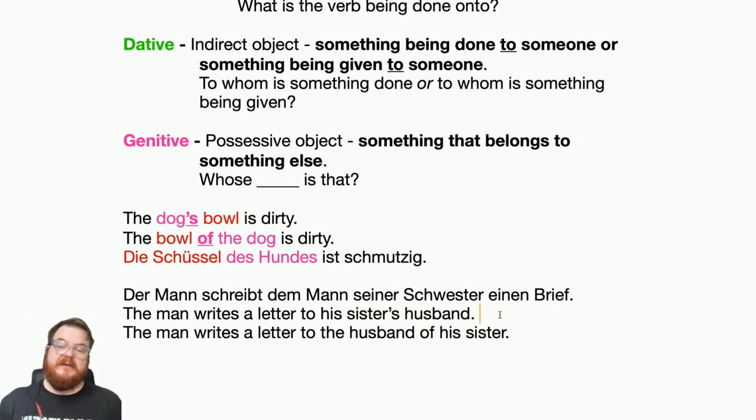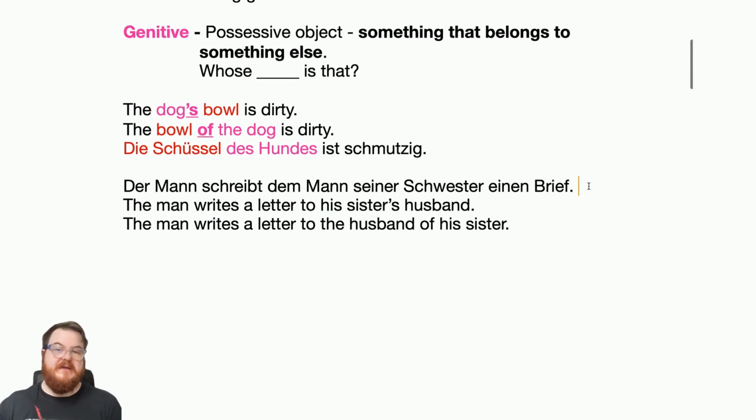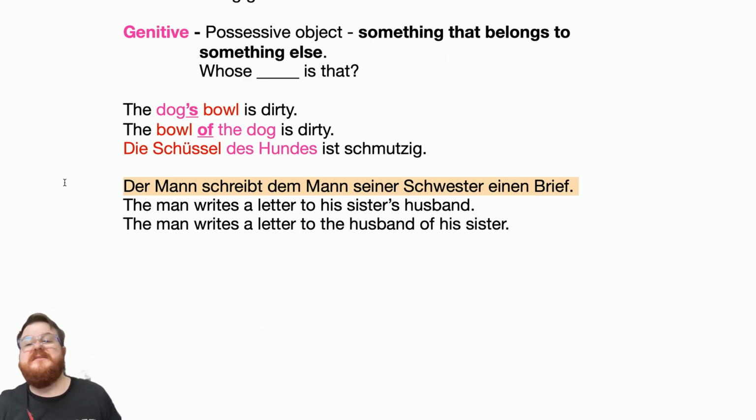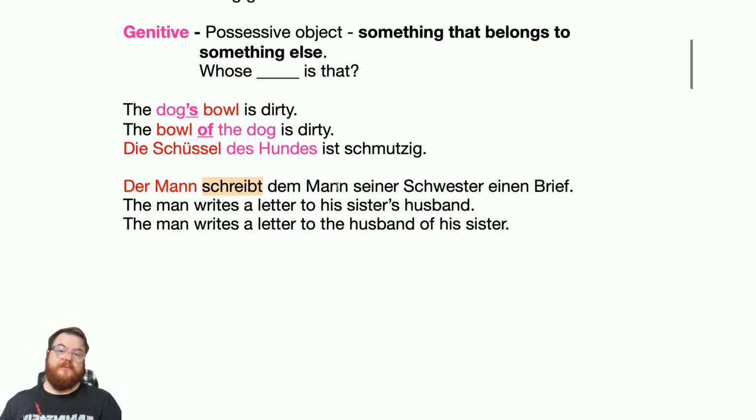Okay, so let's start marking this up. If we're looking at the German sentence, do we have a nominative? Is there something that's doing the verb? Well, indeed there is. The man is doing the writing, okay? What is the writing being done onto? Well, it's being done onto, oh, I can't remember my colors. It's blue, shouldn't it?